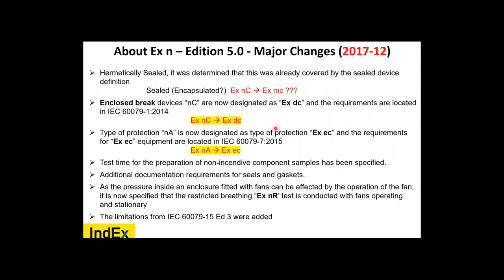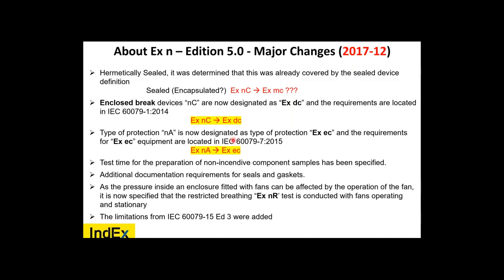So let's go over it again. So in December 2017, 60079-15 came out, EXN. So hermetically sealed, it was deemed that it was already covered by the sealed device definition. Now, sealed encapsulated, did that become NC to MC?